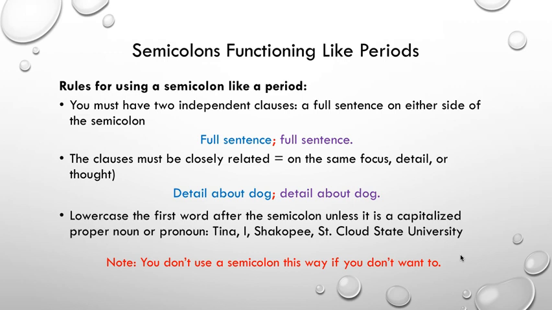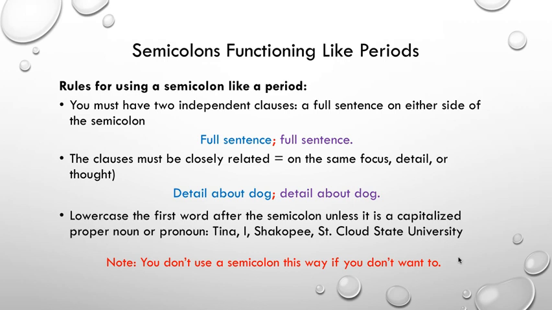And note that you do not need to use a semicolon if you do not want to. In this kind of situation, you could choose a different sentence structure. For example, just using a period between the two independent clauses and separating them into two separate sentences, using a conjunctive adverb and period, or using a subordinating conjunction and turning one of the clauses into a dependent clause.